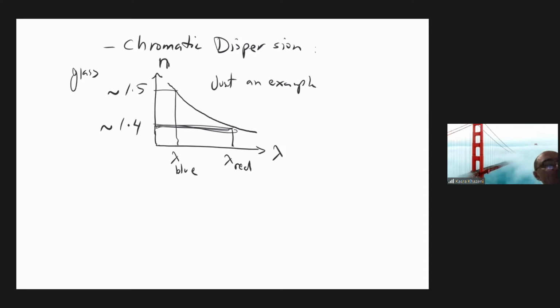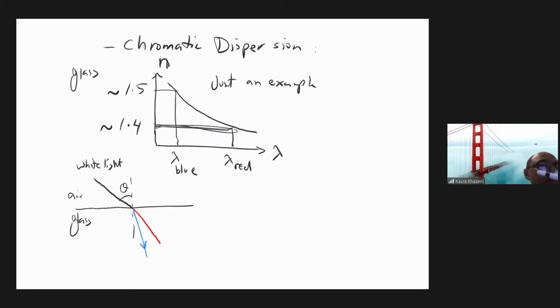So if this is glass and this is air, and suppose white light is coming in, which is composed of all colors like the sunlight, and you bring it in at some angle theta in, because the index of refraction of the blue wavelength is larger, it's going to bend more, and the red will be bent less.